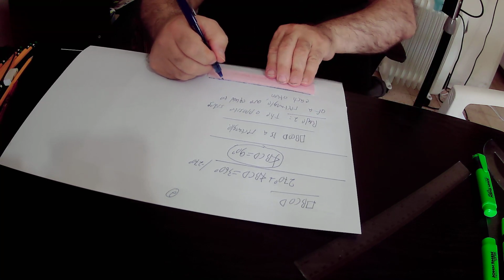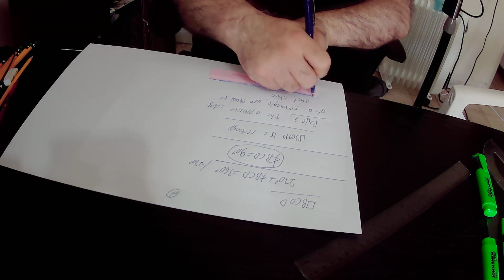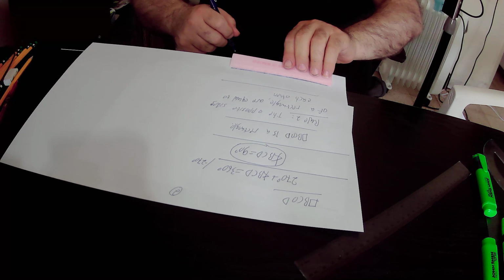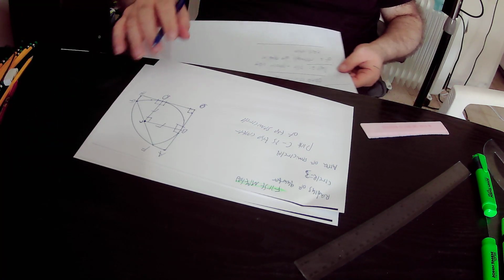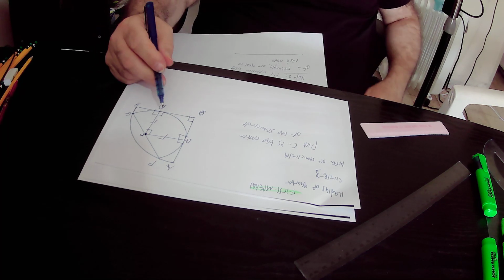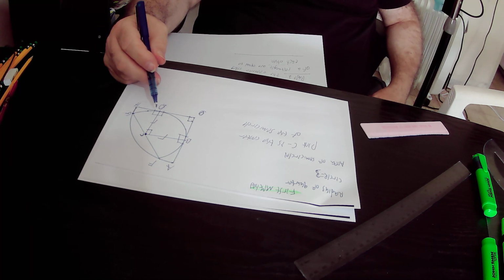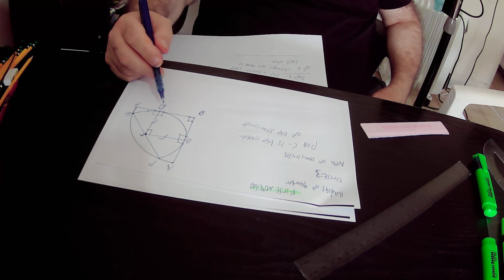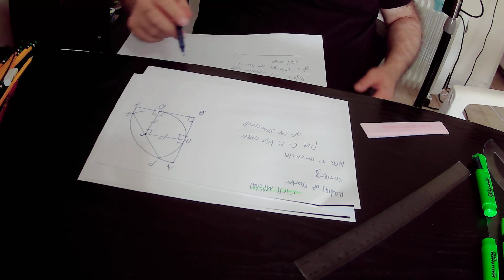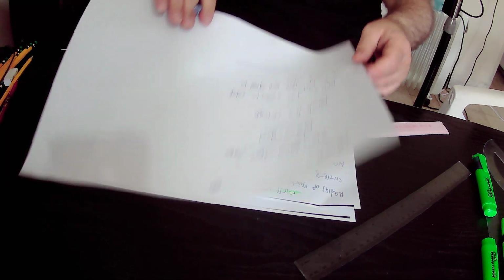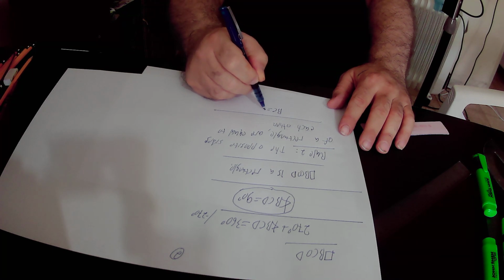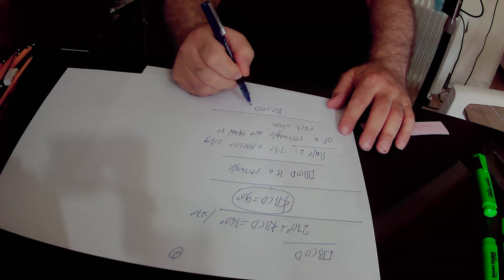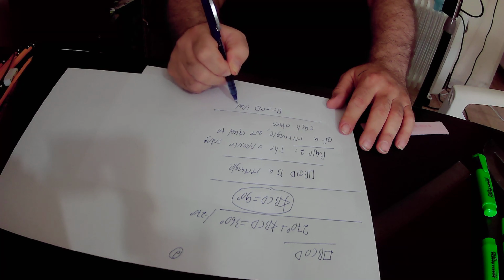I'll read rule number 2 again. According to rule number 2, the opposite sides of a rectangle are equal to each other. So here, in rectangle BCOD, the opposite sides are equal to each other. That is to say, BC equals OD, according to rule number 2.